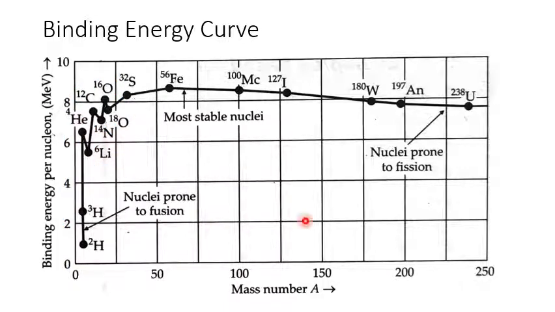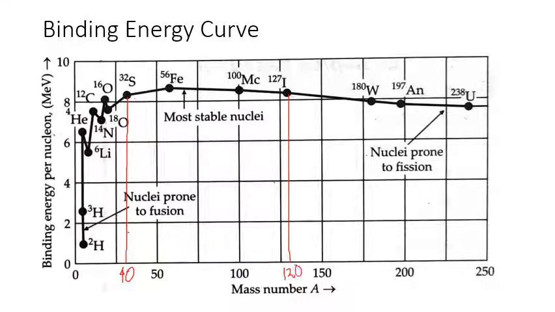Next, from this curve, your elements like your sulfur, iron, moscovium, iodine, these elements, can you see? Let us suppose this is 40, this is somewhere around 120.